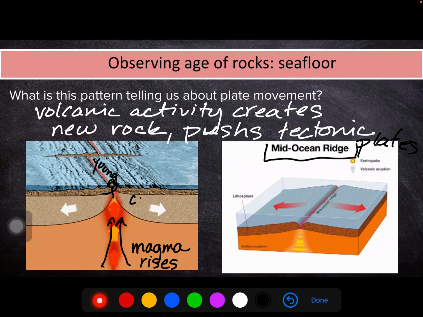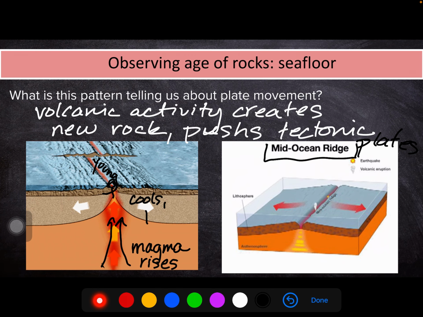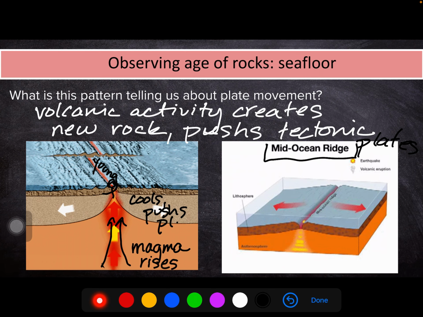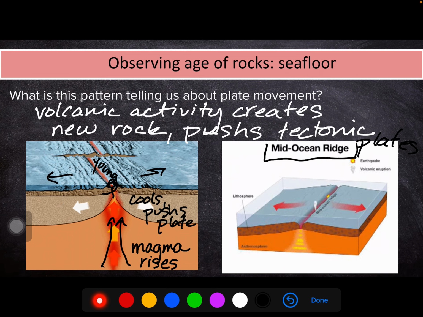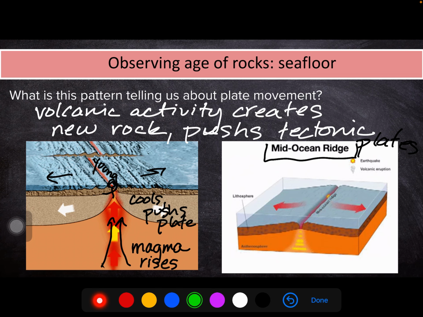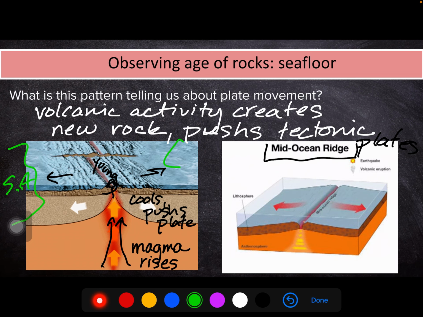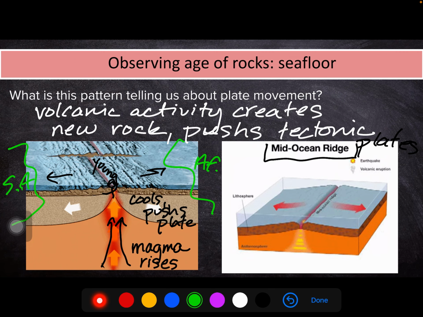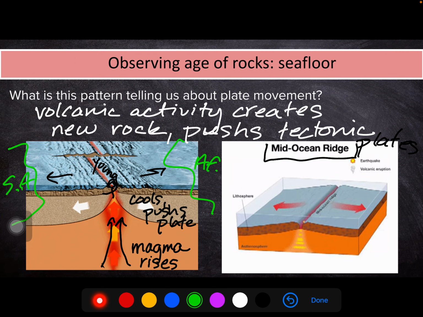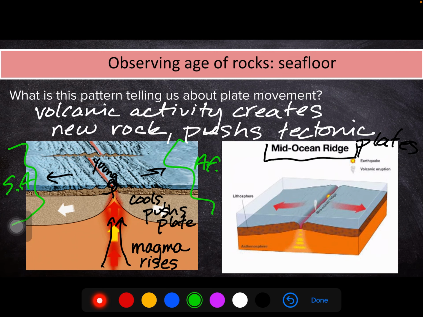And as it cools, it pushes or puts a force on that tectonic plate, causing them to separate over time. So on those plates, that's where our continents are, South America and Africa. We're seeing those plates being pushed very slowly from this magma rising up, cooling, and moving apart.